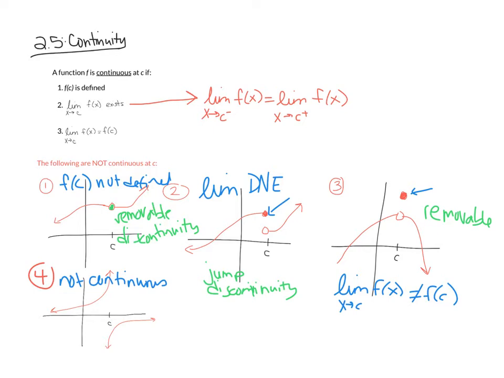And then another one you might be able to guess the reason for the name of is called an infinite discontinuity. By the way, even if both were going to positive infinity or both were going to negative infinity, it still would be an infinite discontinuity. That happens when we have a vertical asymptote.